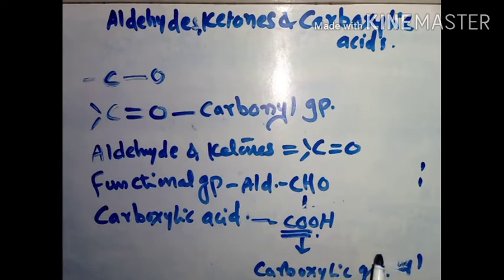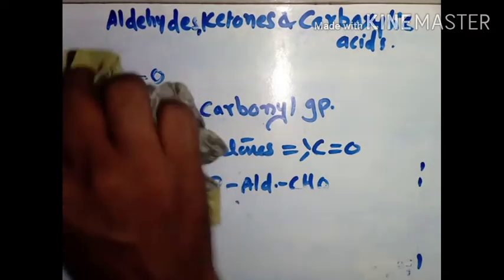Due to the OH group bonded to carbonyl carbon, the properties of aldehyde and ketones are different from carboxylic acid. So these are the general things which are discussed in this chapter.